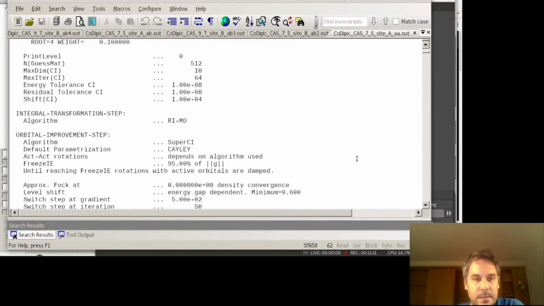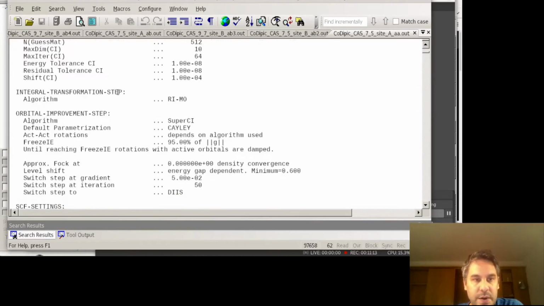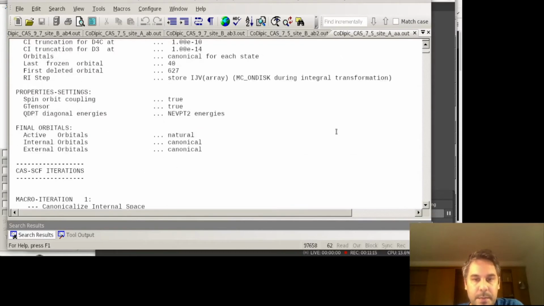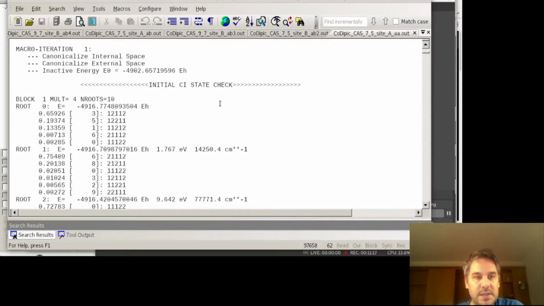Then a set of options relating to CASSCF are printed, and what is important is that there's an initial configuration interaction state check. So basically a set of configurations are built. I don't know with which criteria.